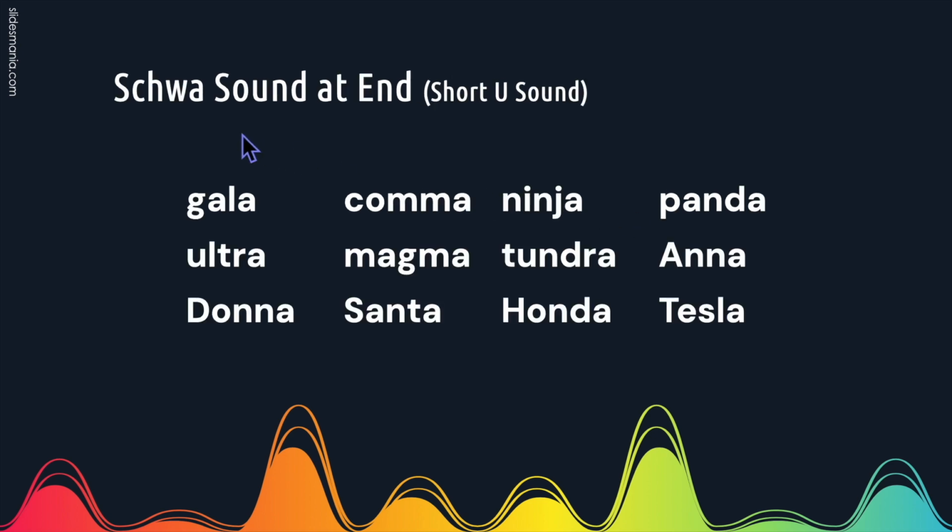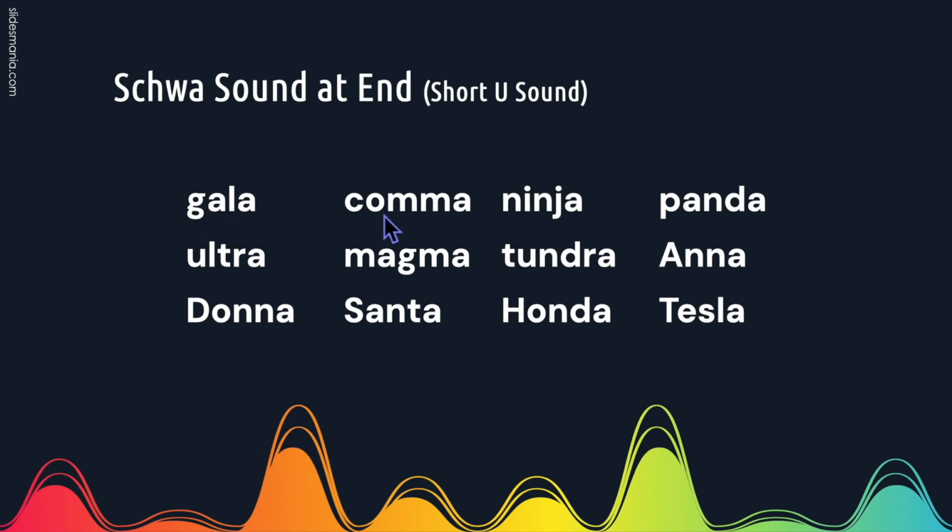Most of the time, when a word ends in the letter A, it schwas. A schwa is a muffled sound that sounds like a short U at the end of a word. So in all of these words, rather than having a clear ah sound, it's going to sound more like uh.